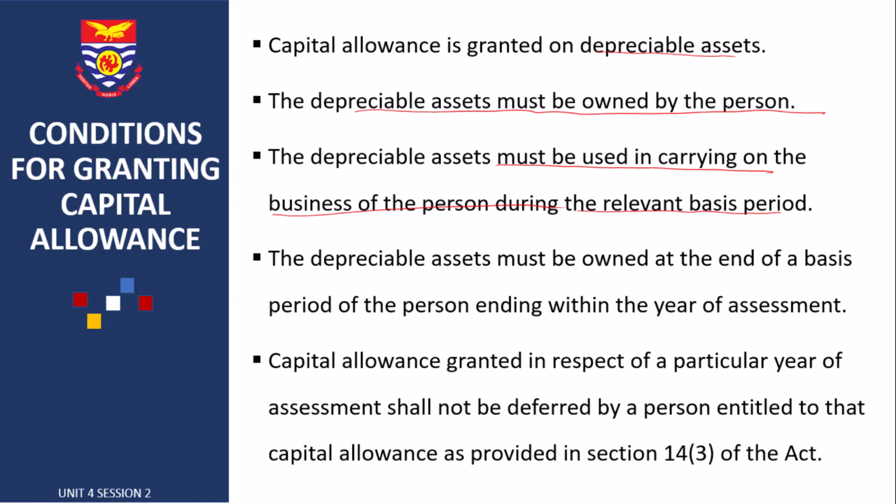That depreciable asset must also be owned at the end of the basis period of the person ending within the year of assessment. Capital allowance granted in respect of a particular year of assessment shall not be deferred by a person entitled to that capital allowance as provided in Section 14, Clause 3 of the Act. So please take note of these conditions.